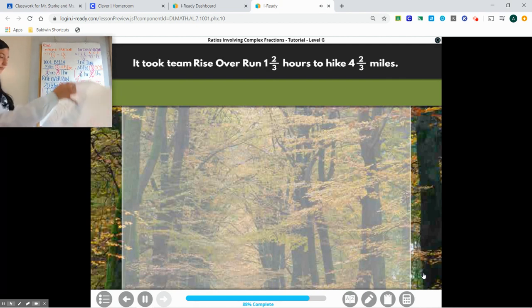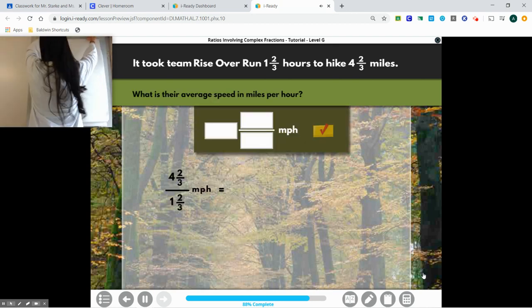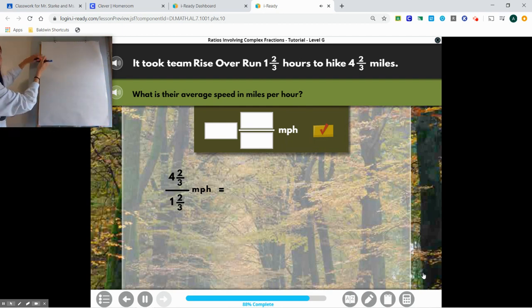It took Team Rise Over Run 1 2/3 hours to hike 4 2/3 miles. What is their average speed in miles per hour? Same thing now. We want 4 2/3 miles in 1 2/3 of an hour.